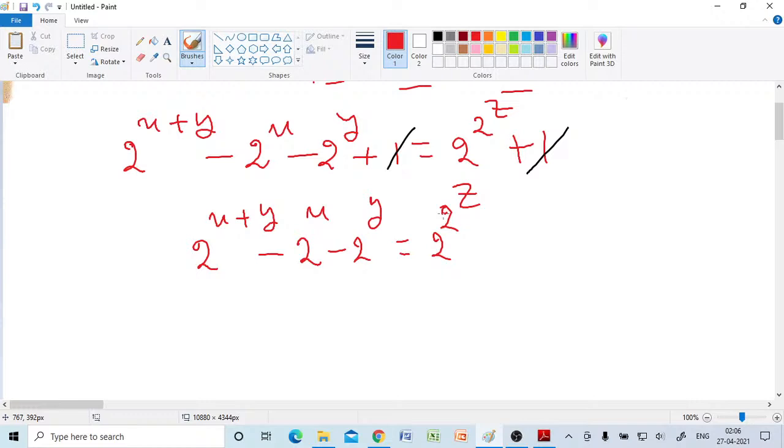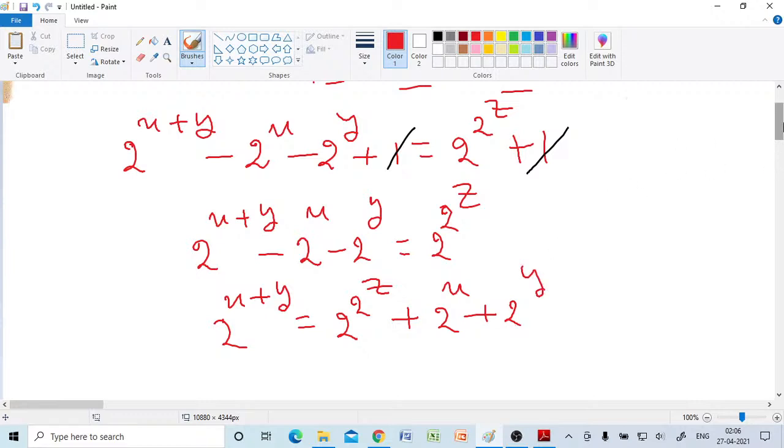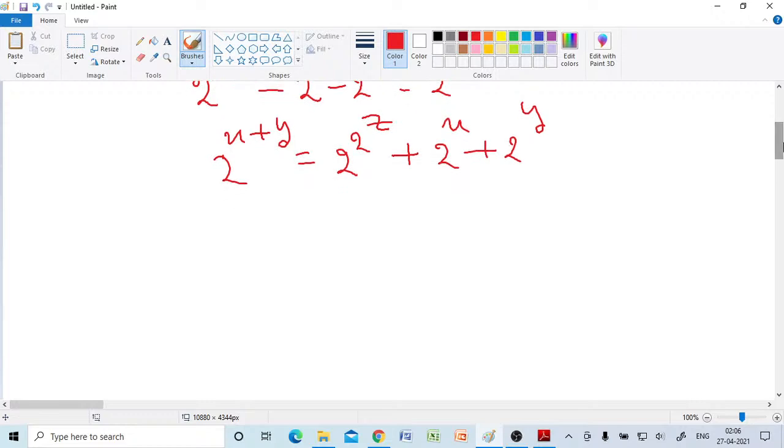So note one thing. We can just take the minus signs on that side.